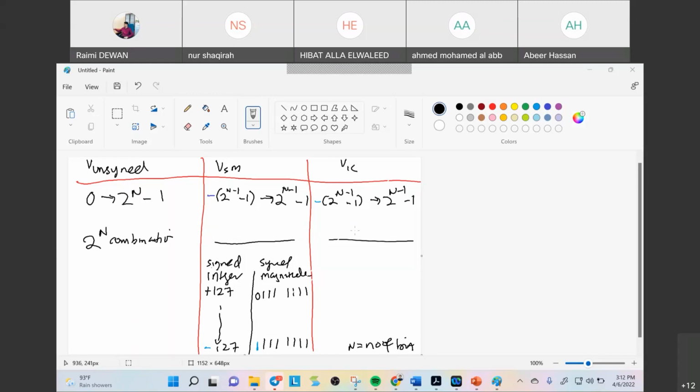Then if we look at the table for the ones complement, again signed integer, then you have one's complement here, or you can also put 1C. For the positive number, we didn't have any change. It's just the same.